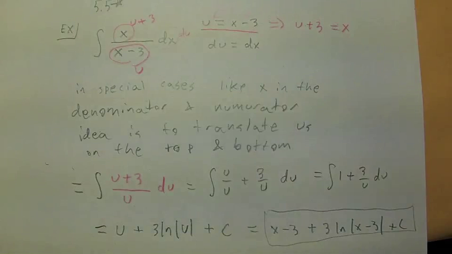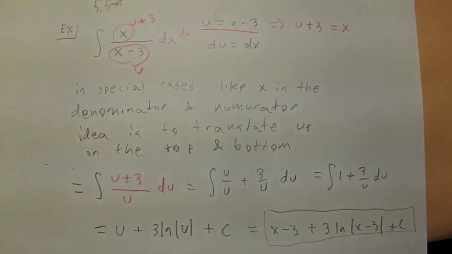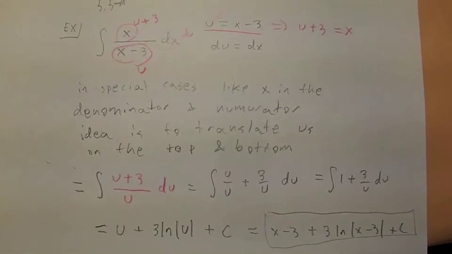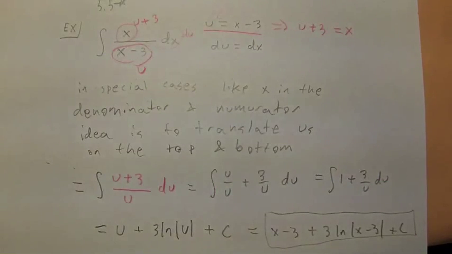Say an x plus 1 would be your u, but you have an x minus 5 somewhere else. So it's not the form of the derivative, but it's the form of u. It usually only shows up in cases like this, barring a couple of others.